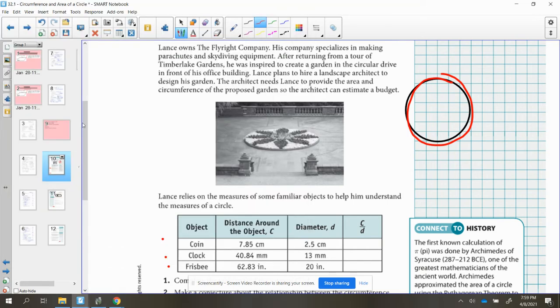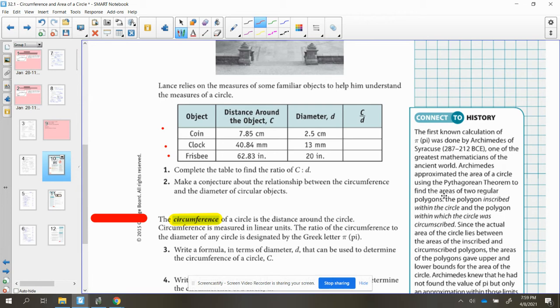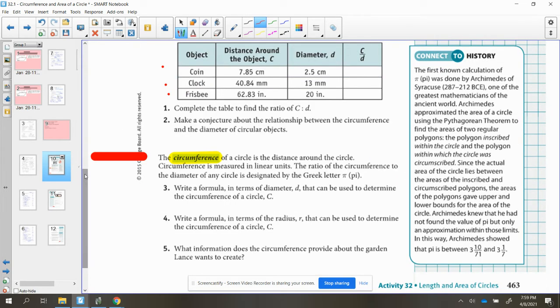And again, in this box on the connection to history, we talk a little bit about pi, some of its uses, and some history behind it. And again, we notice that 3.14, the approximation of pi, is crucial to the circumference of our circle.